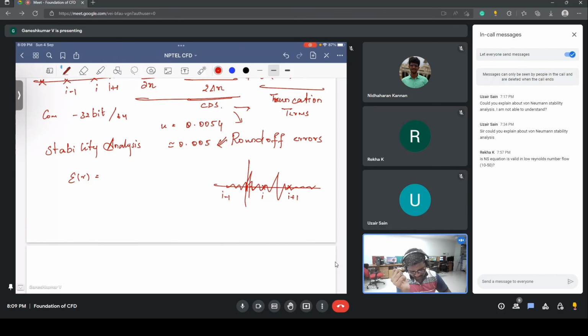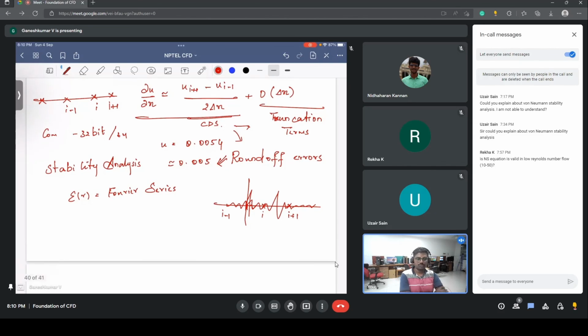They define this error in terms of a Fourier series and analyze whether the error is going to grow or decay as we move forward in time, or from one iteration to the next. To have in-depth knowledge on this, please go through our previous discussions and lectures. If you have any more specific doubts, you can ask, or come back and ask in the next session too. Is that fine, Uzair?